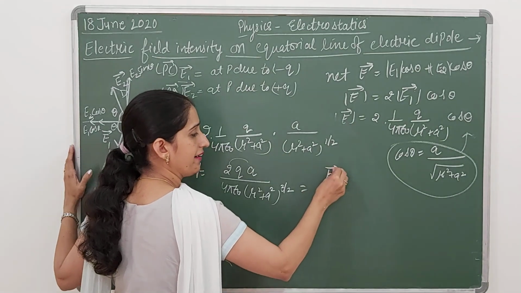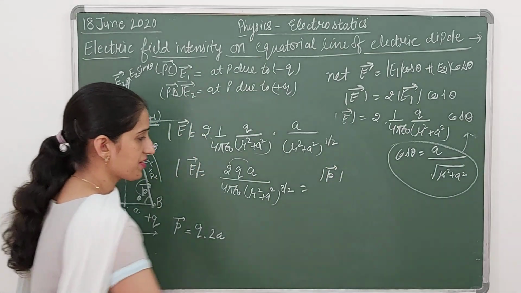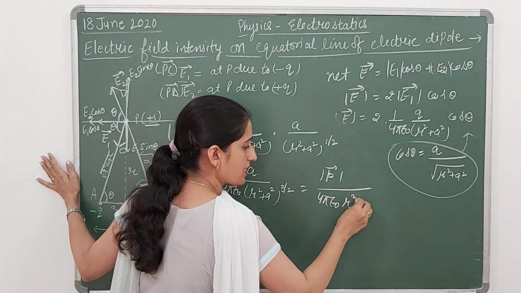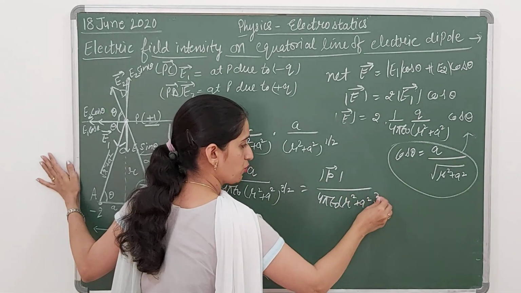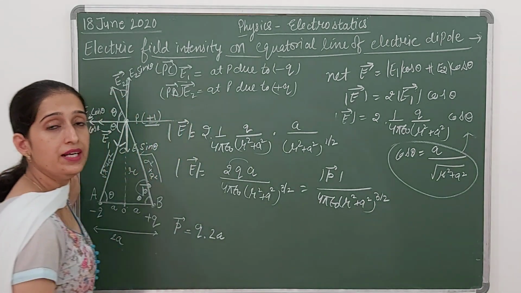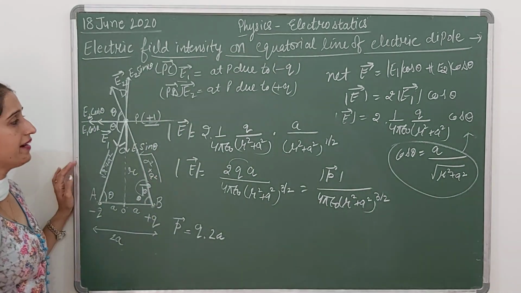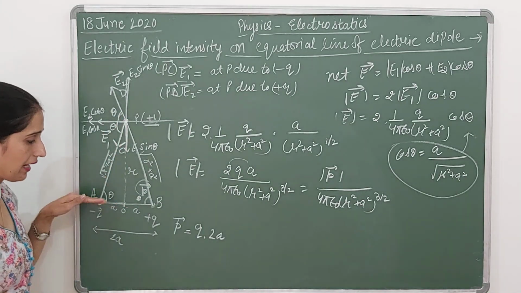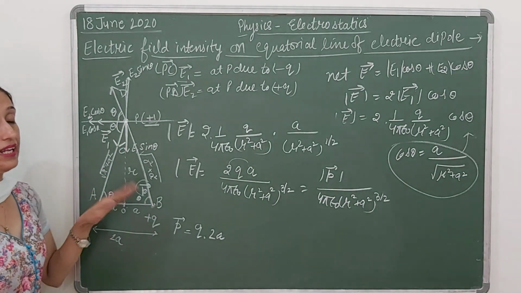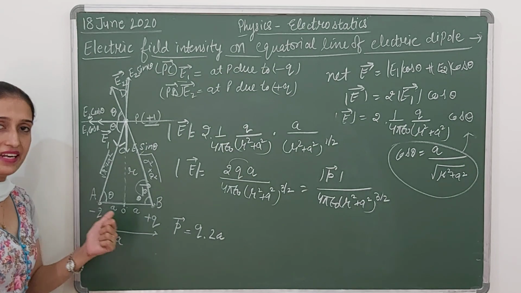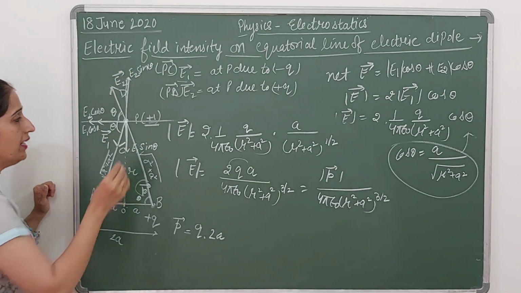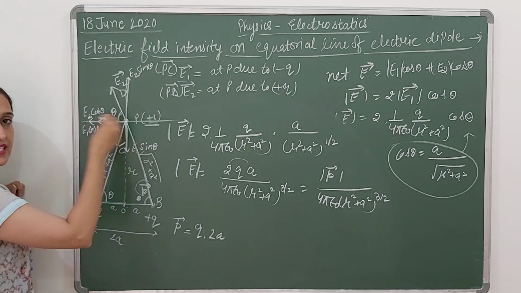We can write it as dipole moment upon 4 pi epsilon naught R square plus A square to the power 3 by 2. So this one is the electric field intensity at point P, which is on the equatorial line of the electric dipole. Now its direction, because the sine theta component has been neglected, these two components are in this direction.